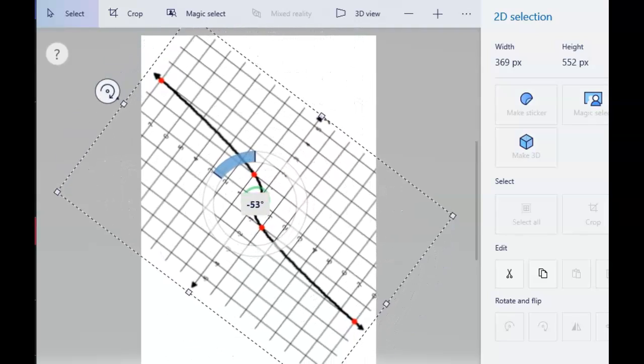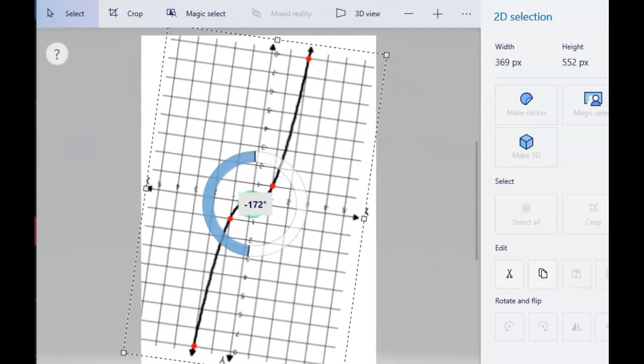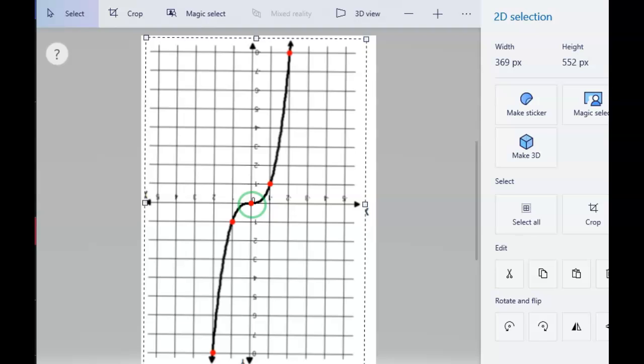As I rotate, you can see the degrees that I'm rotating in the center. And if I rotate 180 degrees, look at the picture. Other than the numbers that mark the right, left, bottom, and top of the x and y axis, how does the shape of the graph look? It looks exactly the same. And that's what rotational symmetry is. Whenever you rotate your graph 180 degrees, it should look exactly the same as it did before you rotated.